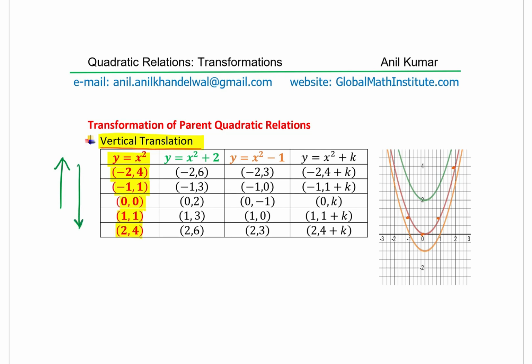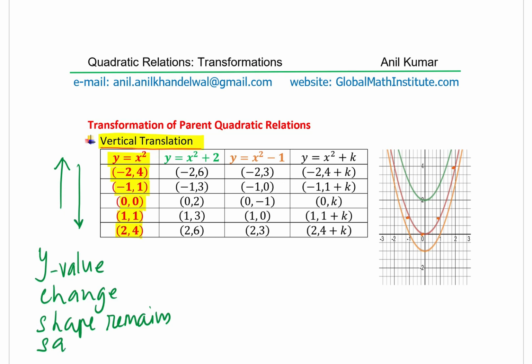In either case, the only change which happens is in the y value. So the y value will change. The shape remains the same. Is that clear to you, right? The shape is the same. So that is kind of basic to understand, right?